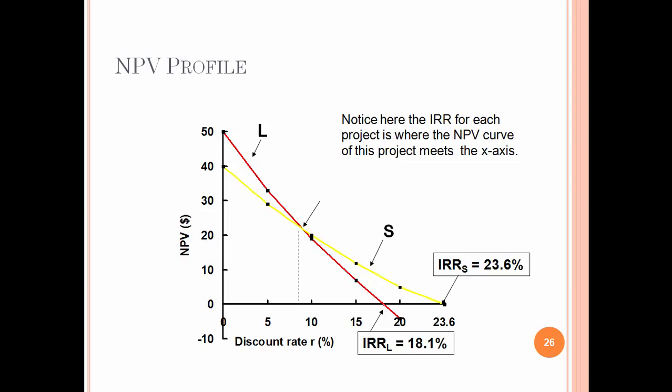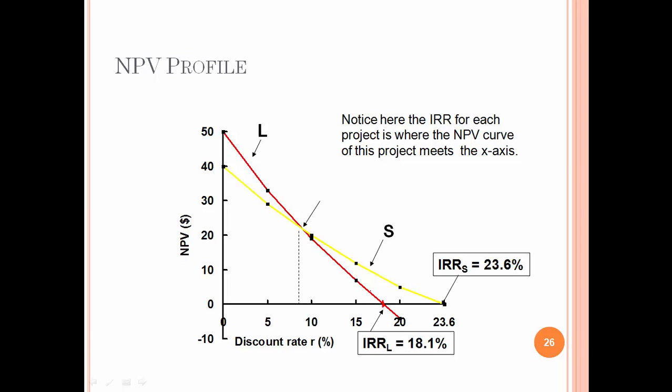For each project, if you look at where the NPV curve meets the x-axis, or the horizontal line, this is the IRR. This is the discount rate that makes NPV 0, and that's the definition of IRR.